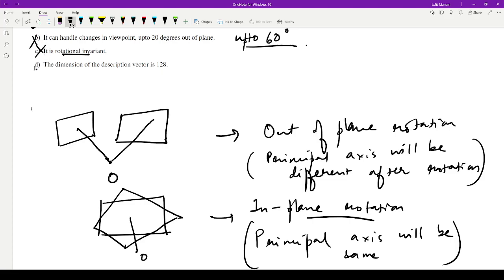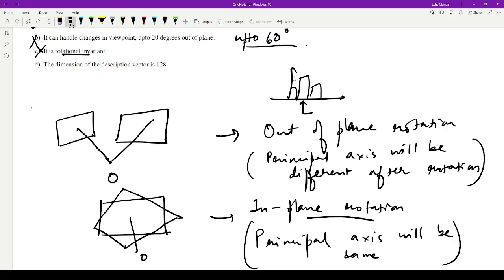Why I'm saying that to some extent it's yes is because we have an orientation defined with the histogram of directions, magnitudes. We'll do the next question on the histogram as well, so that will be clarified. We build a histogram and then choose a canonical direction, the one which is highest.